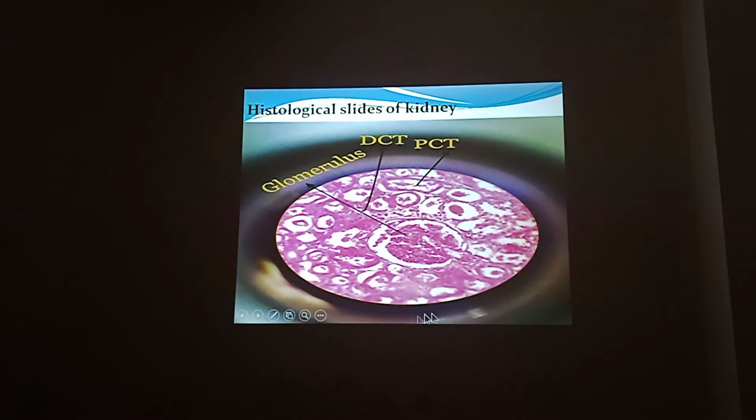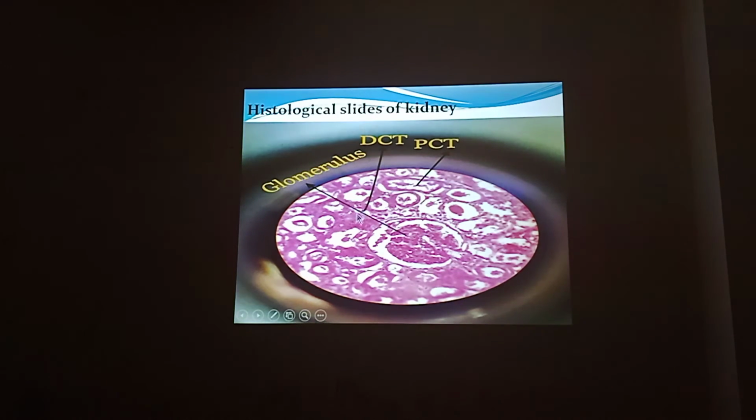You have got the master slide of kidney. Viva question. What is this? This is glomerulus. What is glomerulus? It is nothing but the glomerular capillary assembled like a ball within the Bowman's capsule.